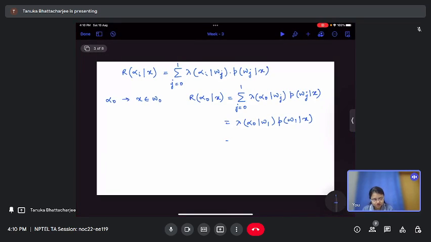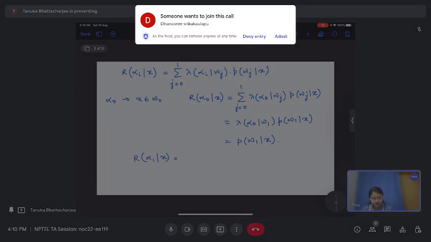So, this risk will in turn be the posterior probability of class omega 1 given the feature value x. Similarly, we can compute the risk of taking action alpha 1 given the feature value x.